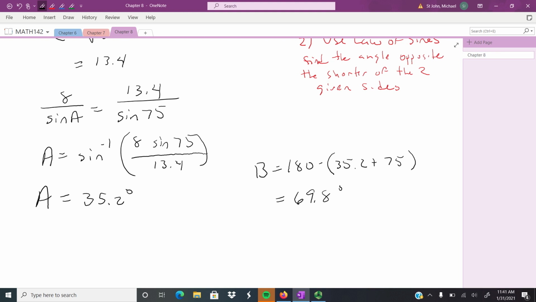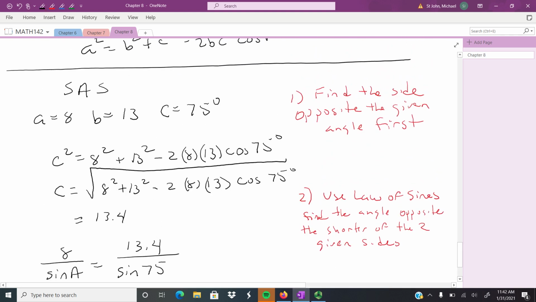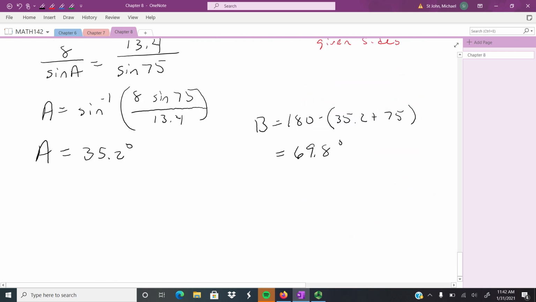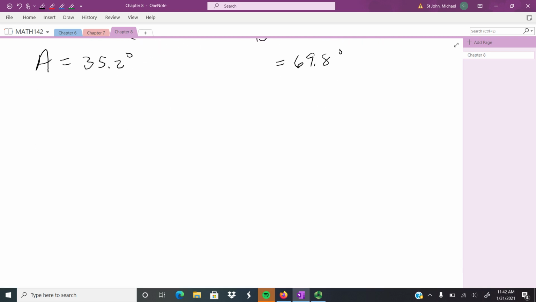So that's the process. Again, you find the side opposite the given angle first, and then you can use law of sines to find the angle opposite the shorter of the two sides. Or the other way, you could do law of cosines again if you wanted, but law of cosines is a bit more work, I think. So the other case then is this.